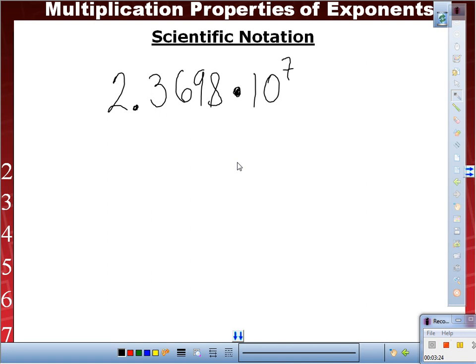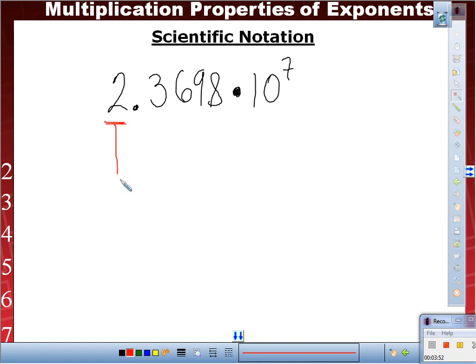So watch. This is what I call the anatomy of scientific notation. It has three things. It has a decimal number, a base 10 with an exponent, and a multiplication in between. Does everybody see that? This is what we call scientific notation. What is so important about this?